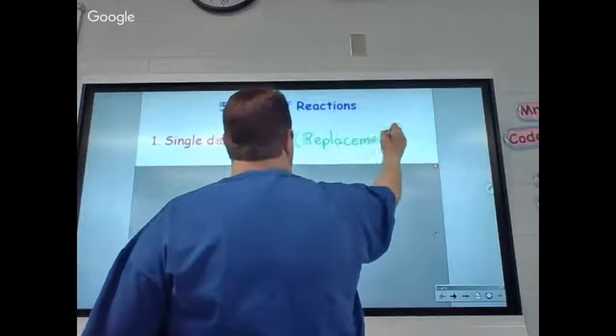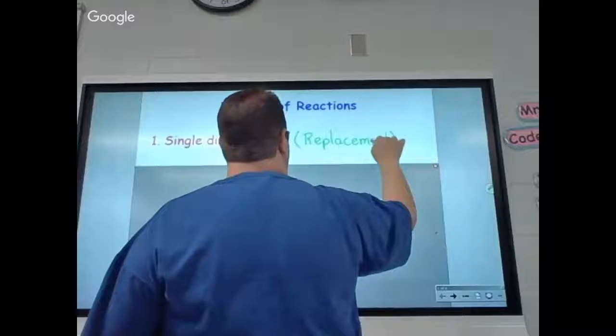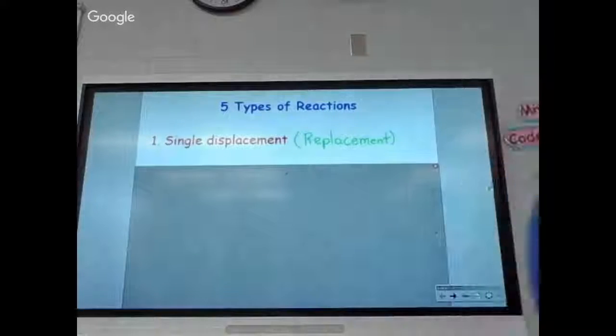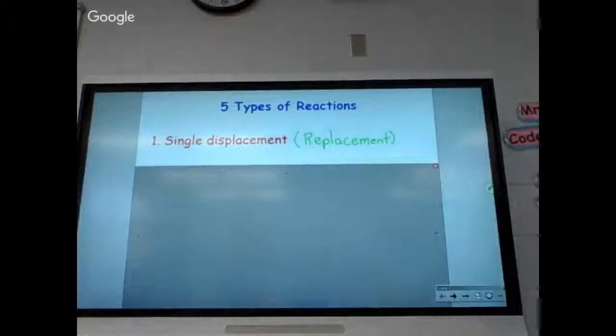It just really depends on which way you learn it when you're probably in high school as to which one you still call it if you teach it and use it. My high school teacher called it displacement. It's the one I still use. My college professors called it displacement. It's the one I still use. But single replacement means the exact same thing.